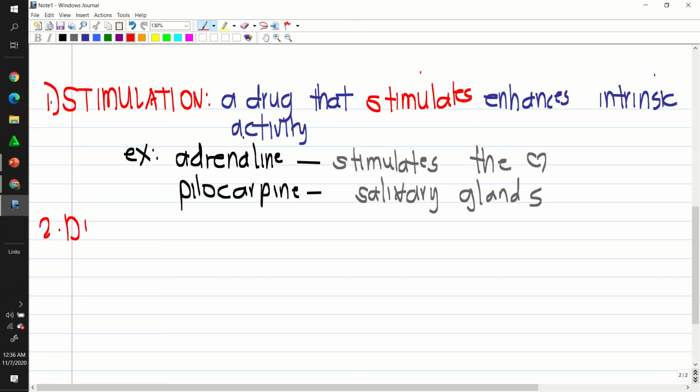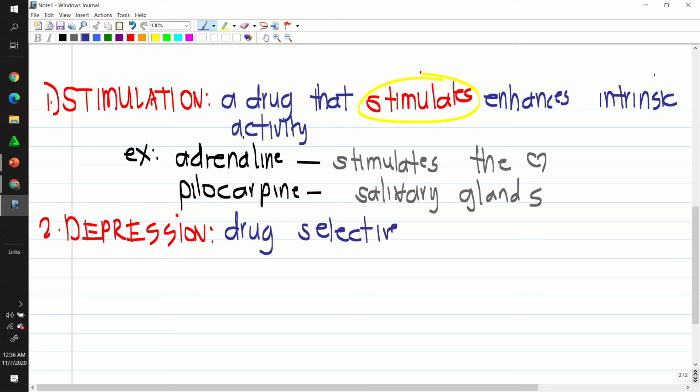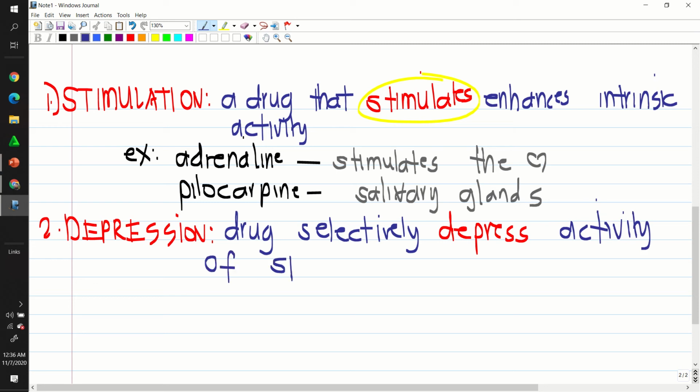Another concept is depression. For stimulation, the keyword is stimulates or enhances a particular activity. While for depression, this particular drug selectively depresses a particular activity of specialized cells.